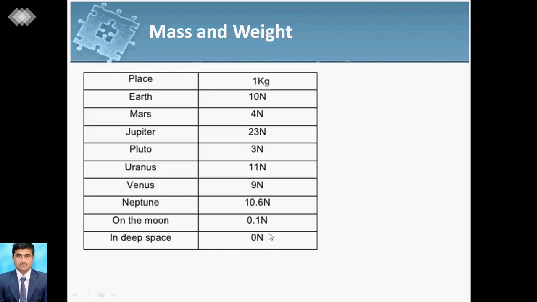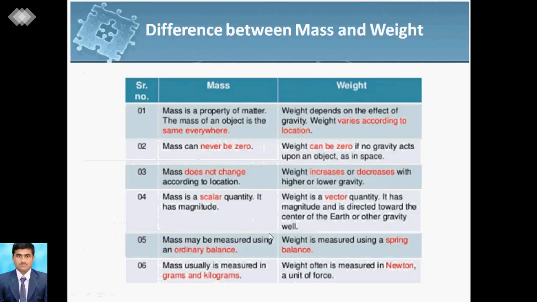Now we go for the difference between mass and weight. So actually mass is nothing but a property of matter, and in the weight case, the weight depends on the effect of gravity. But weight, always remember, can vary according to the location. So the second difference is mass can never be zero, but weight can be zero.